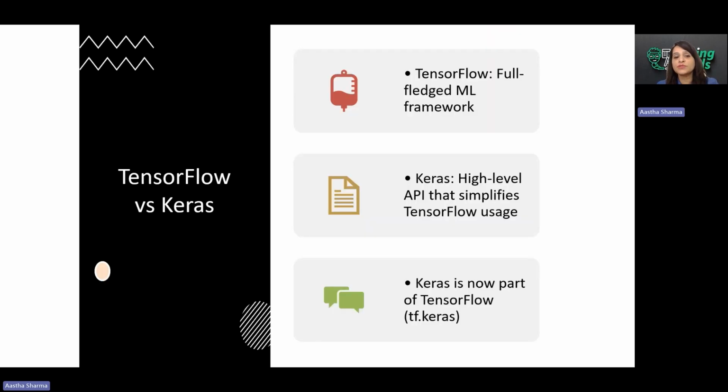That is why we will be using it, and we are going to do that hands-on also. TensorFlow is a full-fledged ML framework, whereas Keras provides high-level APIs that simplify TensorFlow usage. Keras is also nowadays a part of TensorFlow, that is tf.keras, and that is what we will be using in hands-on.